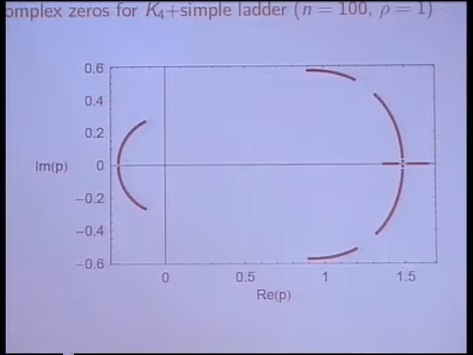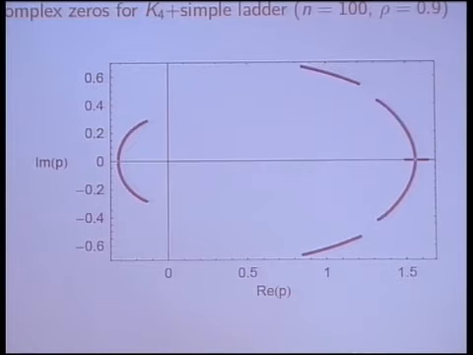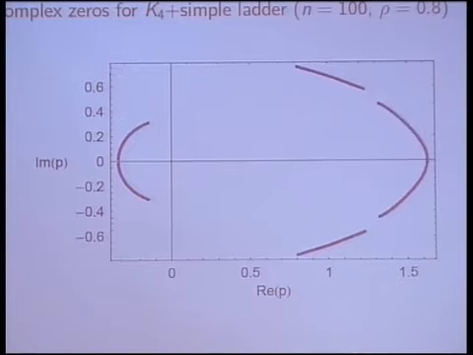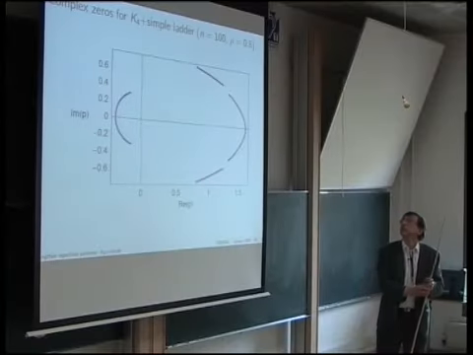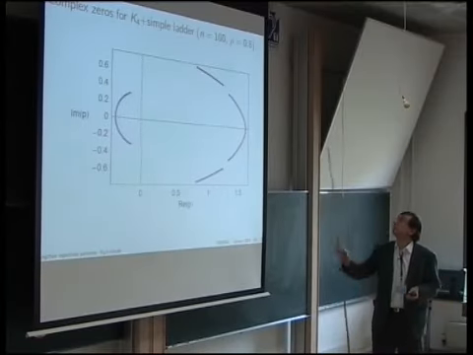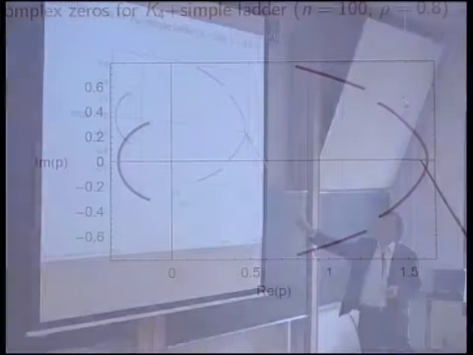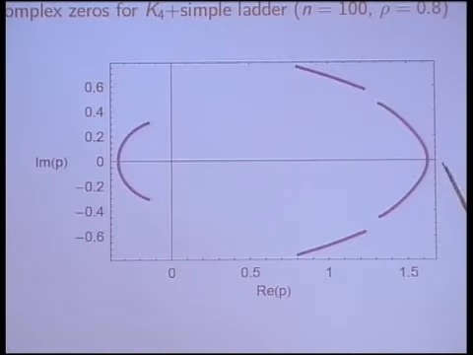So as usual, if you decrease rho, what's happening is this. Near 0.8, this has nearly disappeared. Actually, the true value is slightly over 0.8, but this line segment has disappeared.